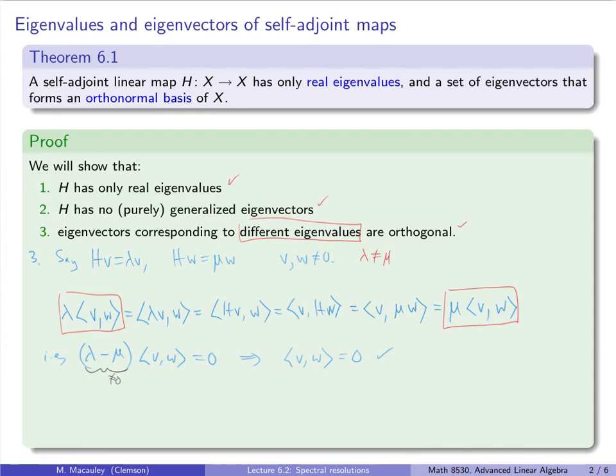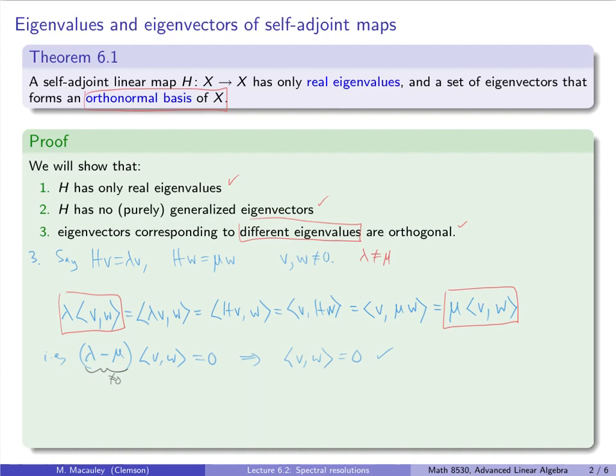And I should probably say a few words about why together this proves that there is an orthonormal basis of eigenvectors of x, because this is a slightly different statement than this last claim up here, but it's not too hard to see why it implies this.